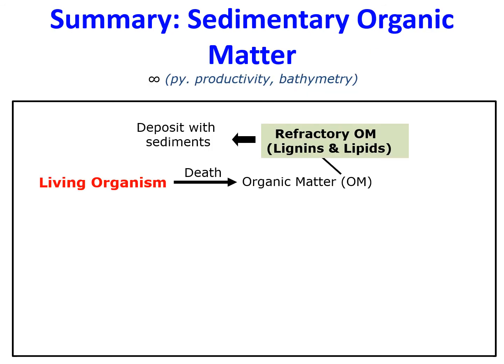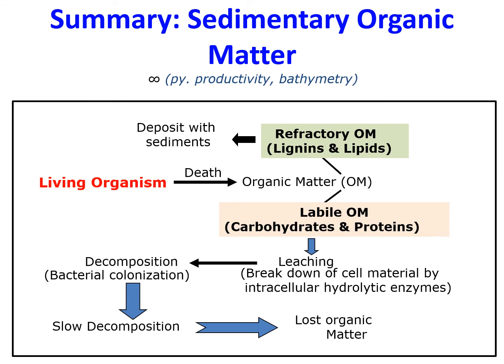So in summary, the illustrated flow diagram here shows the summary on the origins of organic matter from living organisms. So basically, the living organism will first die and form the organic matter, which consists of two types.